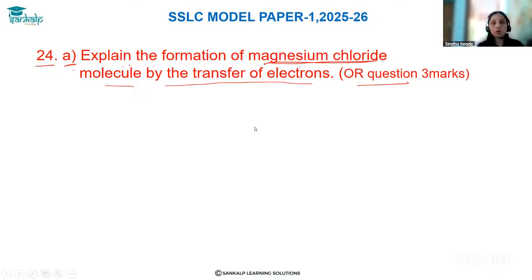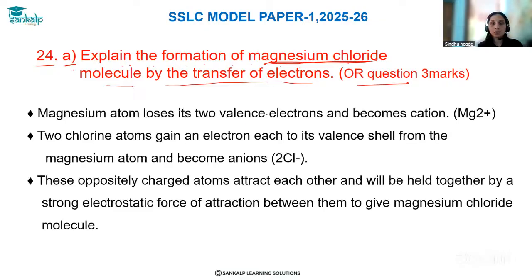Okay, let us see how magnesium chloride is formed. Firstly, the magnesium atom loses its 2 valence electrons and becomes a cation. What is the atomic number of magnesium? It is 12, right?